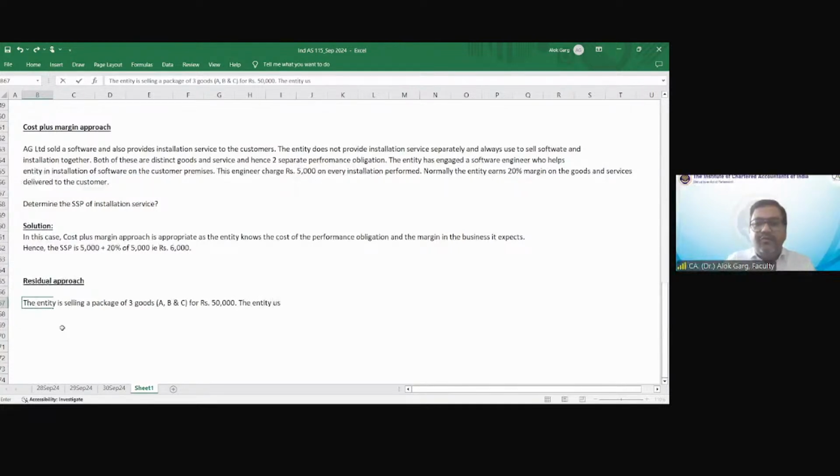The entity used to sell B and C separately also, and the standalone selling prices of B and C are 20,000 and, let's say, 25,000 respectively.